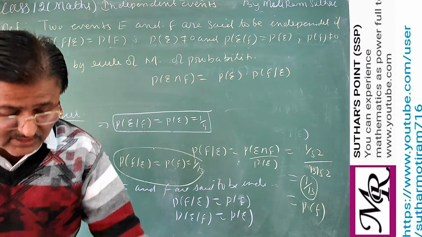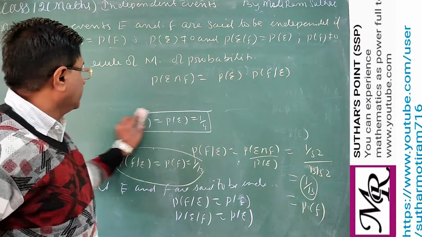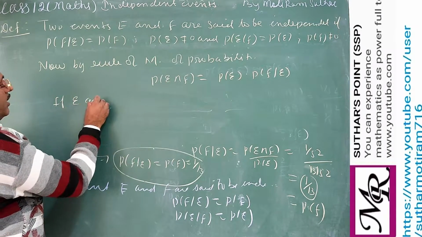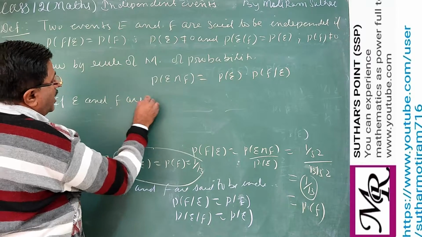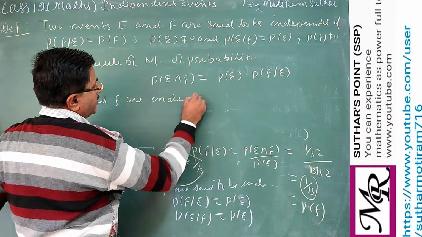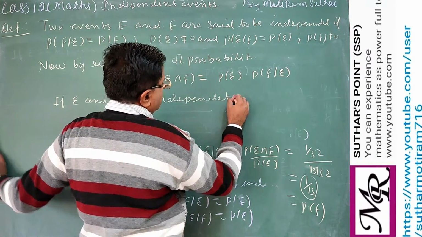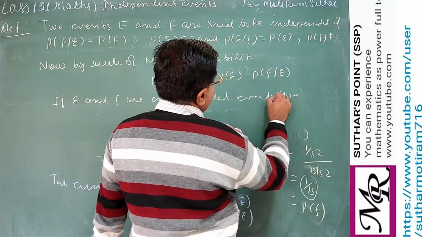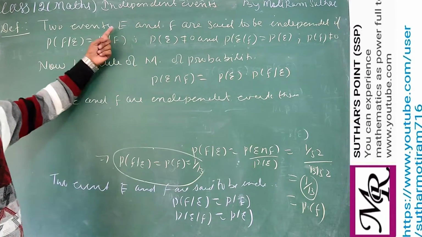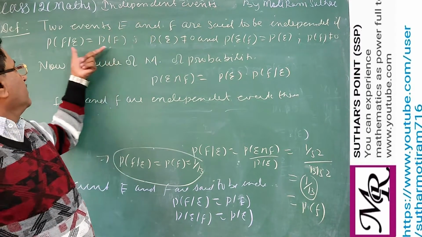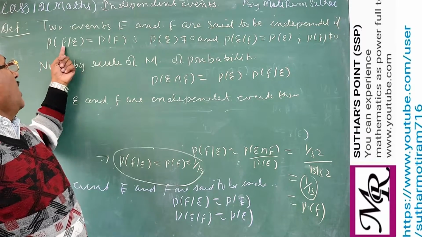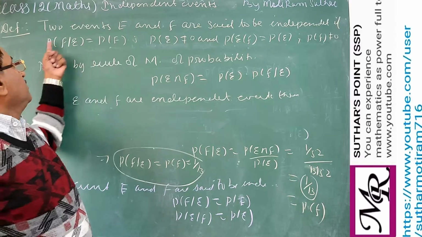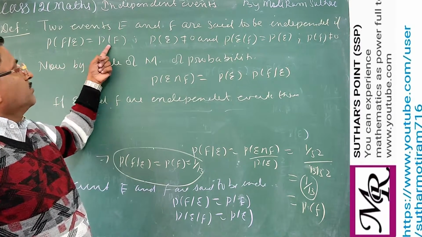Now if the two events E and F are independent, then we can use this result: P(F|E) can be replaced by P(F).